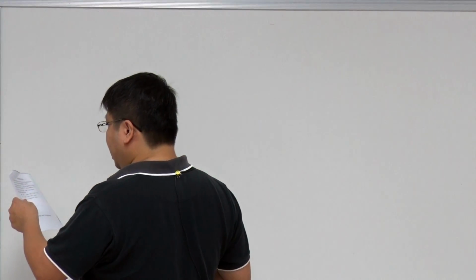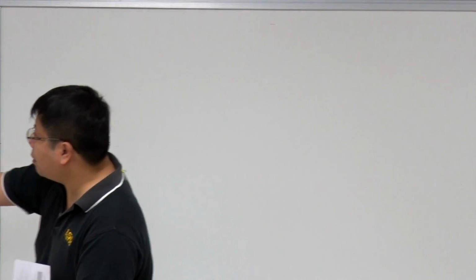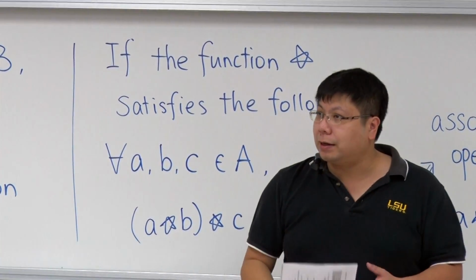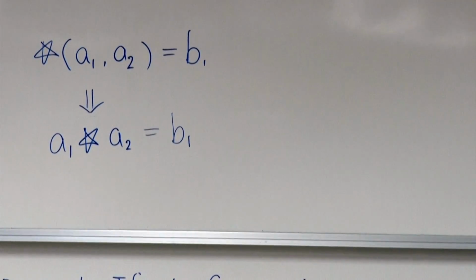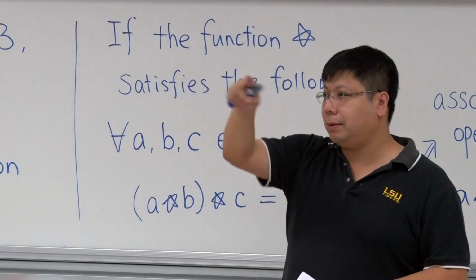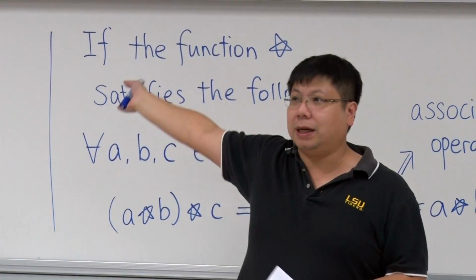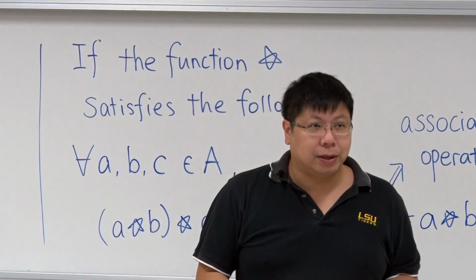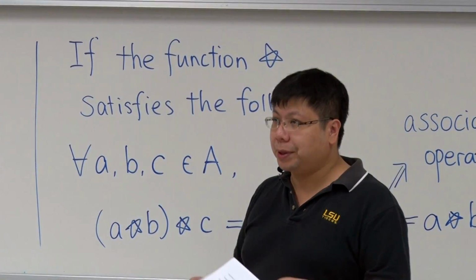So in general, here we are talking about a binary operator, right? We can also have a ternary operator, quaternary operator. Because when we take more tuples, like A times A times A to B, this is called a ternary operator, and then we can have n-ary operators as well.